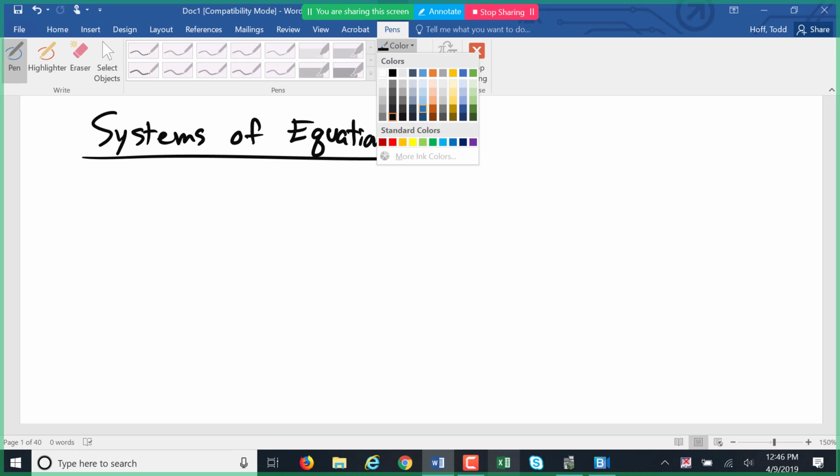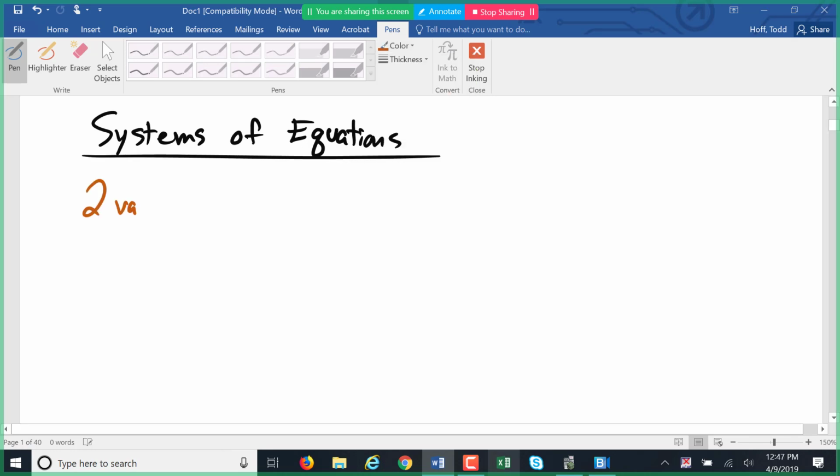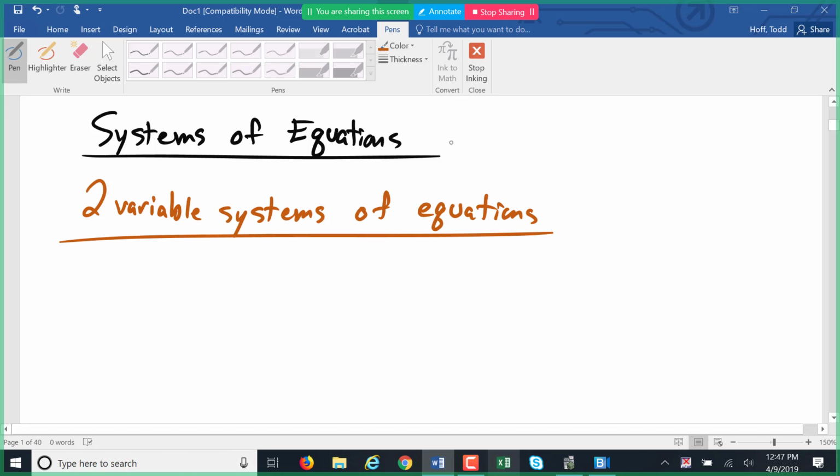If you recall, 2 variable systems of equations, we had things like 2x plus 5y equals 13, and 3x minus 2y equals 10.